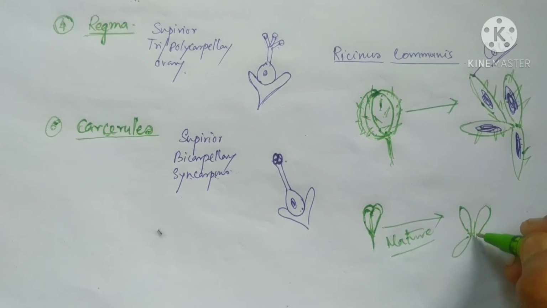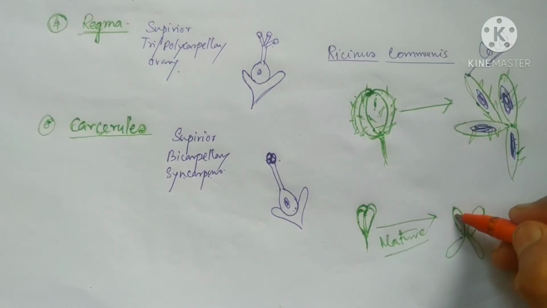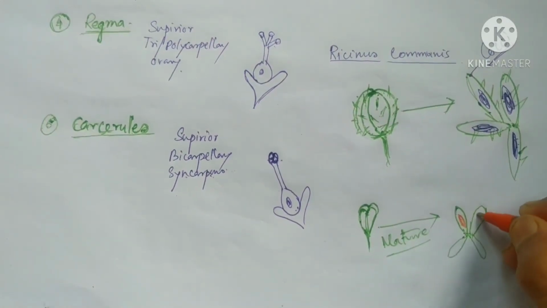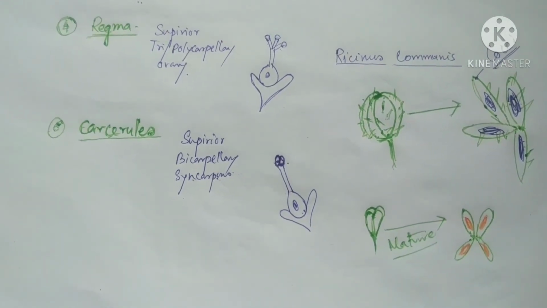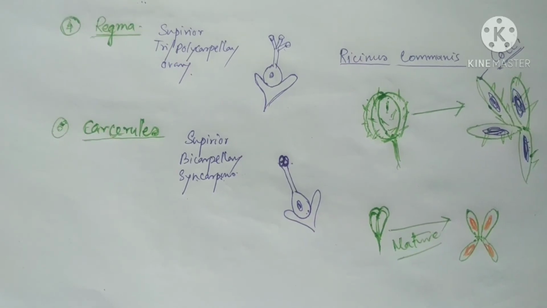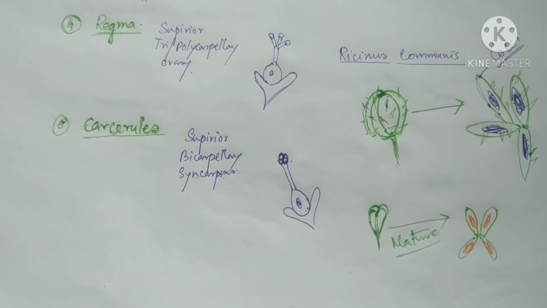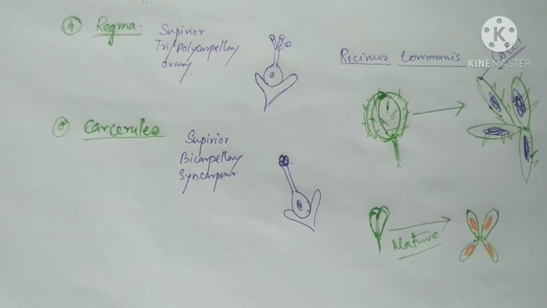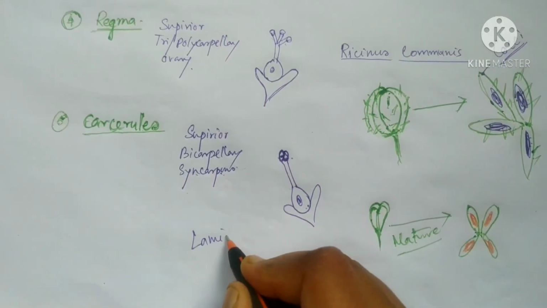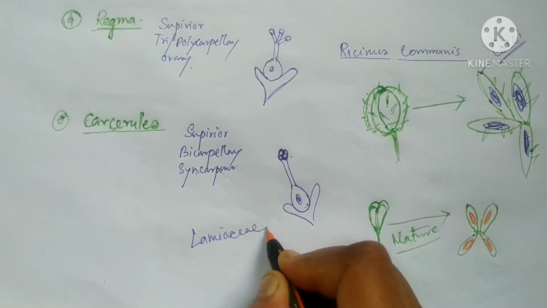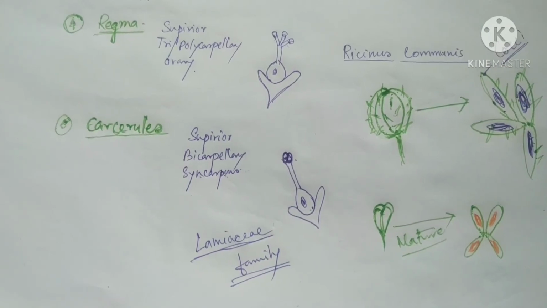Okay, so this is carcerulus type fruit, and Ocimum sanctum of the Lamiaceae or Labiatae family contains this type of fruit.